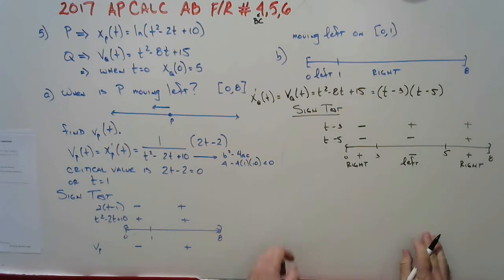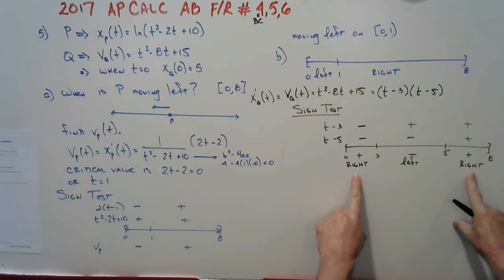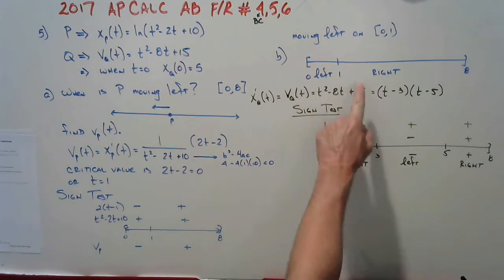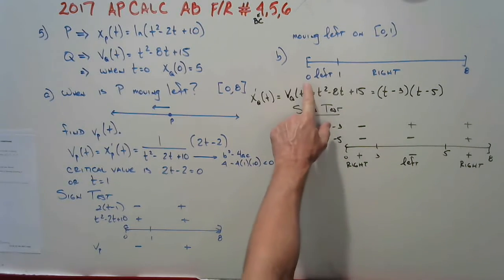Now they want to know, when are we moving in the same direction? So we can look at our number line here and our number line up here and determine when we're moving in the same direction. It'll be whenever this is going the same as this. So what about between 0 and 1?